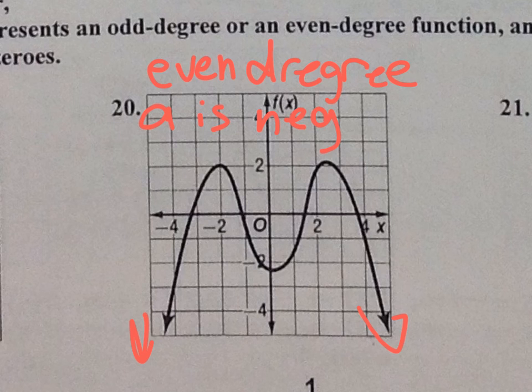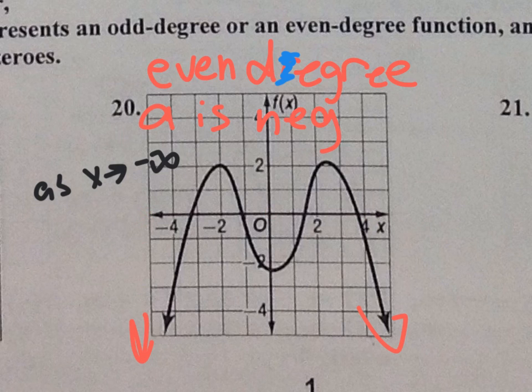So on 20, in addition to if it's odd degree, yeah, I spelled degree right. Let's just pretend that R is not there. Degree. Okay. So I'm also going to ask you, in addition to odd degree or even degree, and in addition to is A positive or negative, I'm also going to ask you to state your end behavior. So on this guy, you would say as x approaches negative infinity. Now, what does that mean? As x, here's your x-axis, approaches negative infinity, what does your f of x approach?